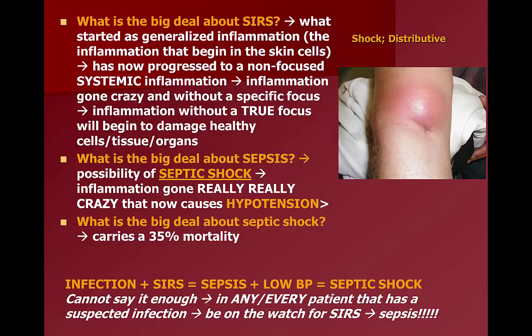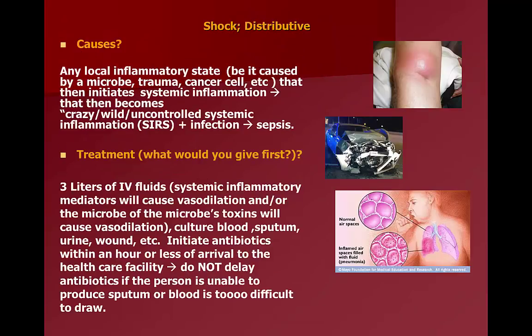These hospitals all have treatment protocols that when the nurse identifies SIRS and the patient is either at risk for infection or has an infection, then the nurse will deploy the treatment protocol or the sepsis protocol, which is to give a whole lot of fluids, do cultures, etc. And that is all to prevent septic shock from occurring, because of course the mortality rate for septic shock is very high, and we don't want that patient to get to that stage of septic shock.